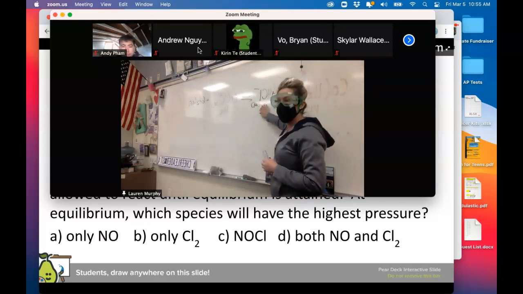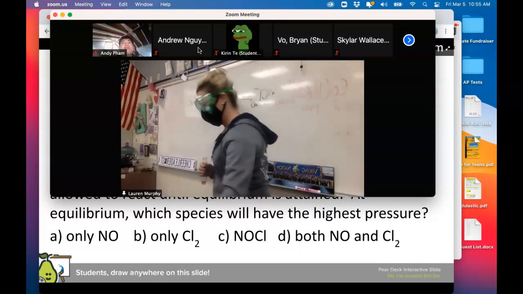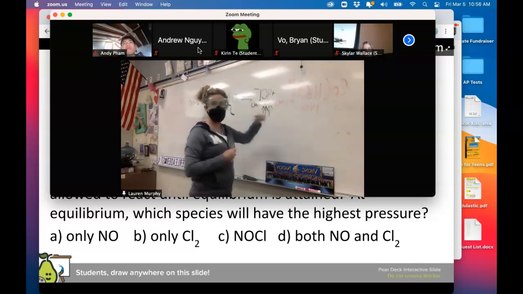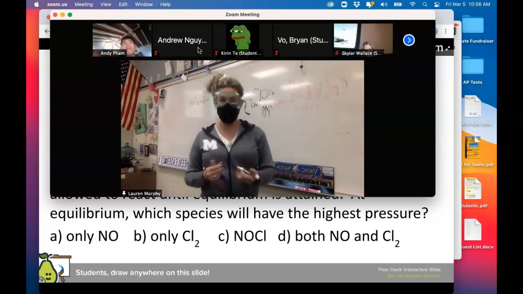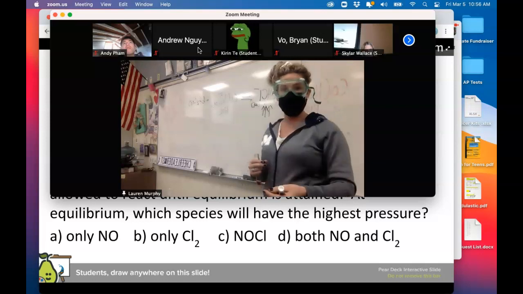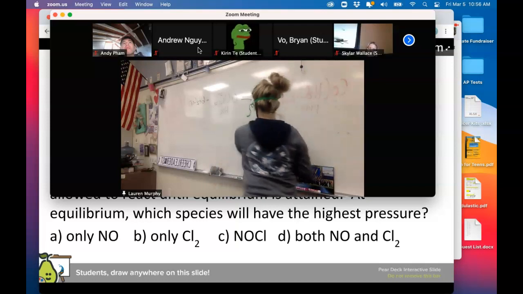Where's the H? Who cares? Spectator ion. So in essence, if I'm adding HCl, I am increasing the concentration of chloride ions by adding Cl, right? Well, if I increase the chloride ions, which way shall I shift? Right, to the product.